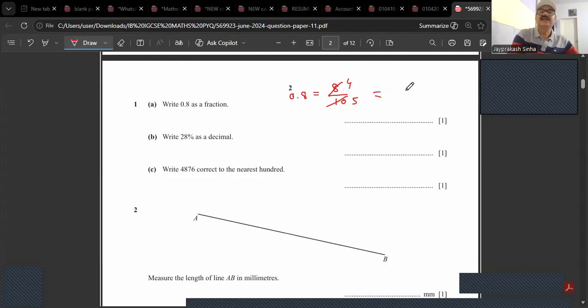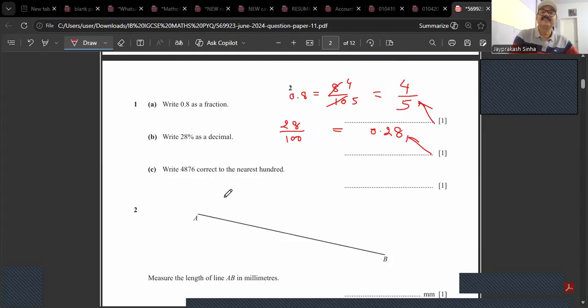So in fraction, 0.8 can be written as 4 upon 5. Correct answer. Next, write 28% as a decimal, meaning 28 divided by 100. So what will be the answer? 0.28. This is for the second question.